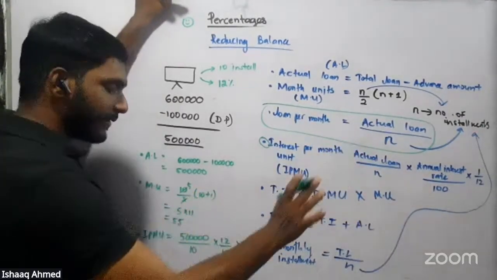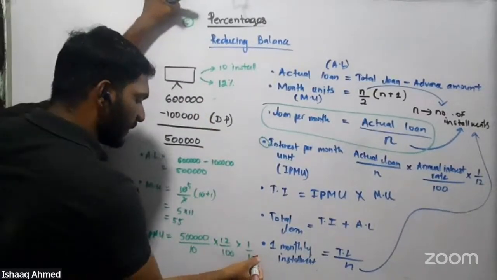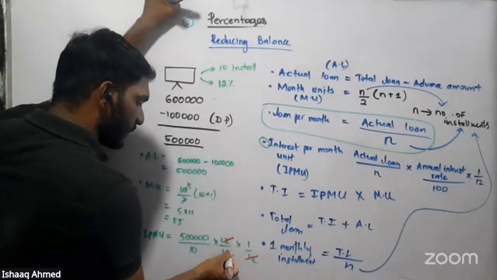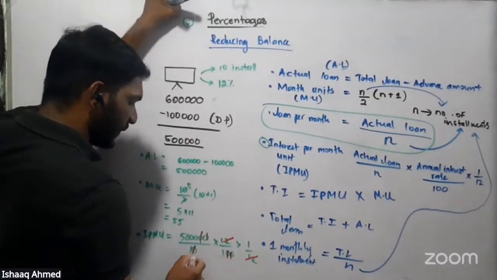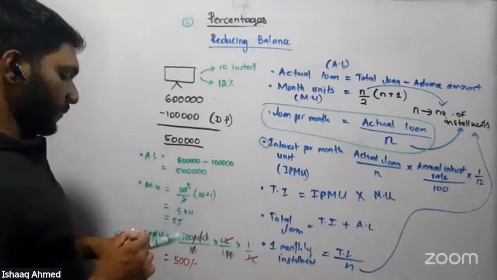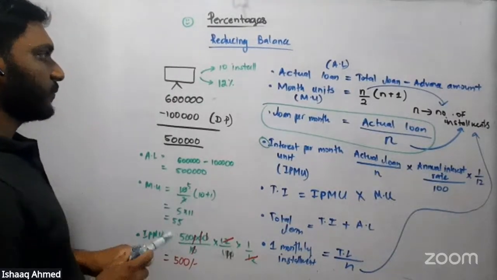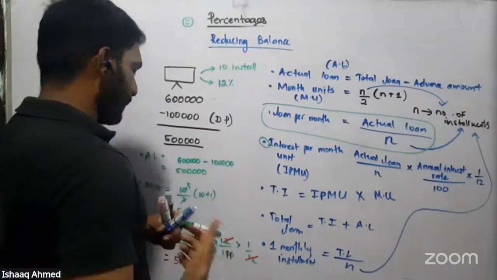That 1 over 12 is always 1 over 12. Now how to do? You simplify this, and then you can cut this 0, this 0. Interest per month unit is 500 rupees.